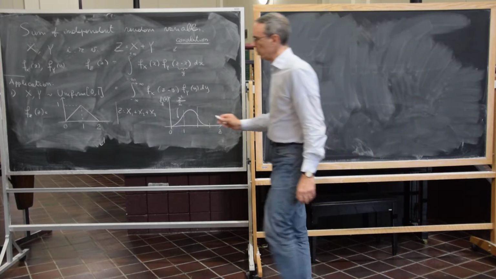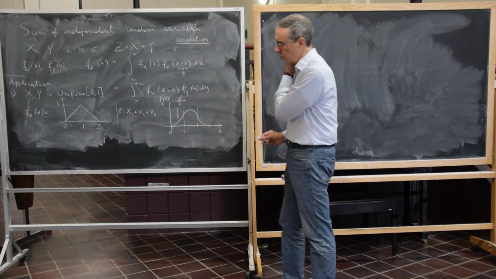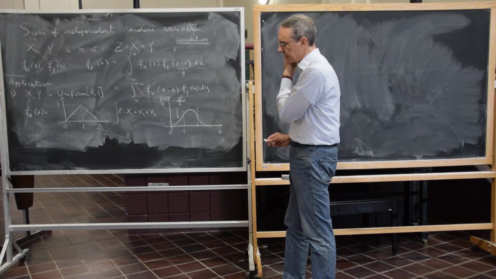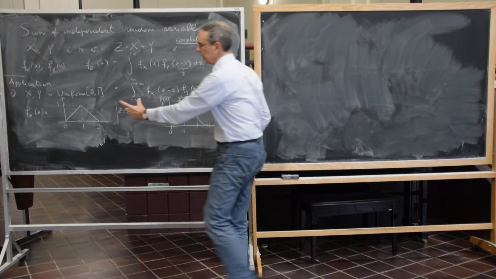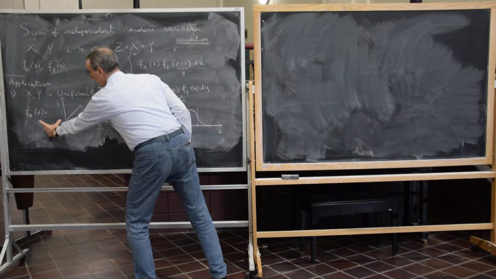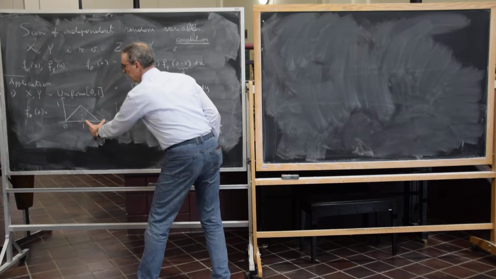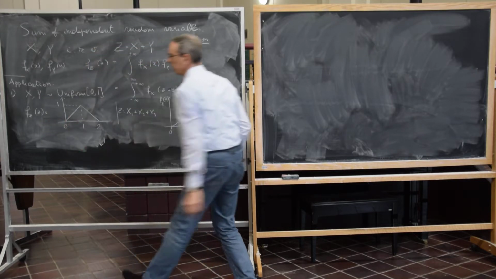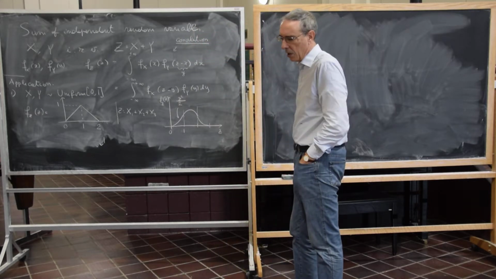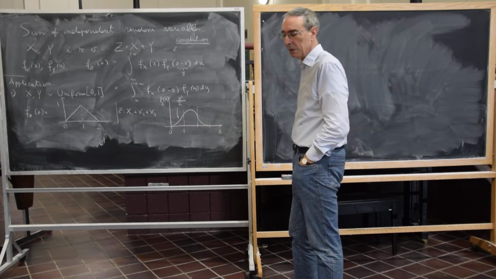Because that's more or less, if you remember how to construct this, you take another triangle, you slide this triangle here, and then you count the area of the overlapping triangles.